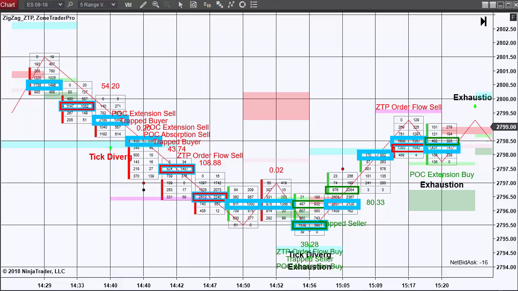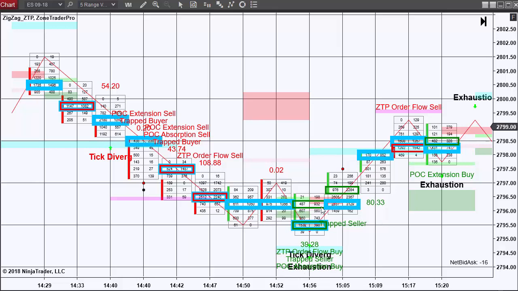A continuation ratio is a number that is 30 or higher, and a stopping ratio is what you see here at the 0.02. So we have our entry based on the 2 range chart, and in real time you would see these 3 other signals down here on the 5 range chart.